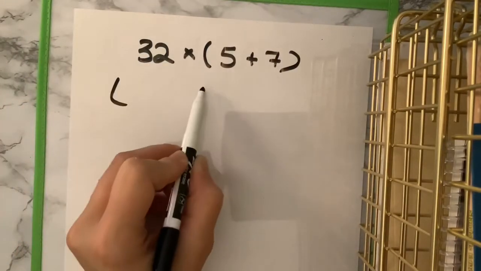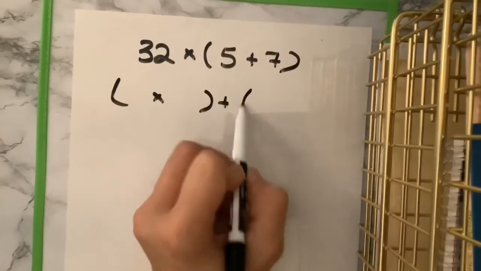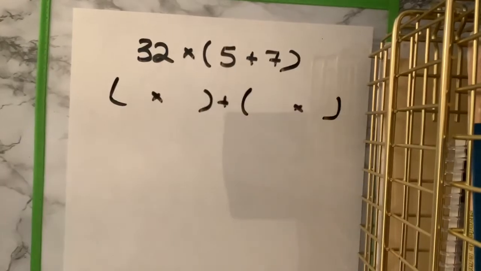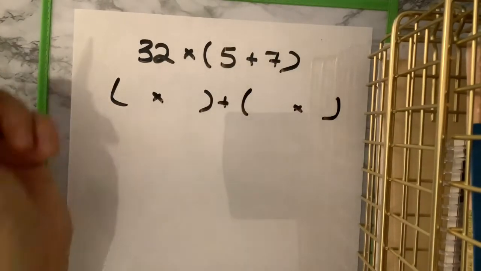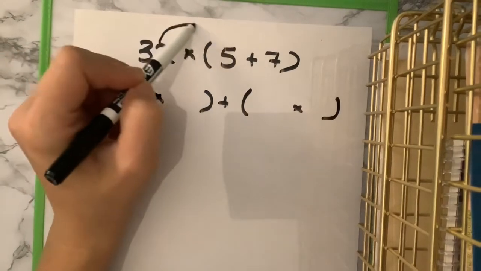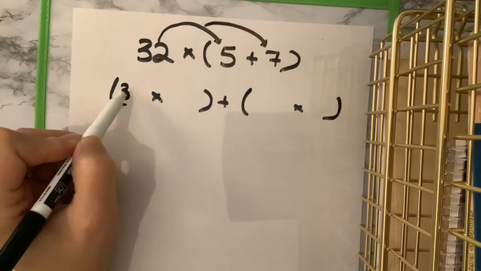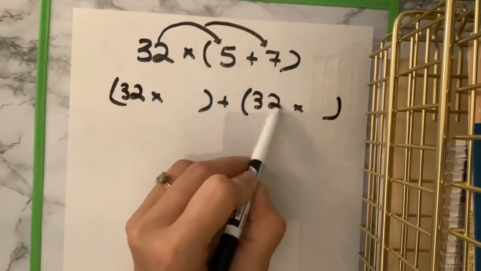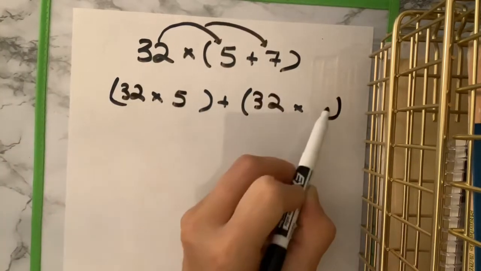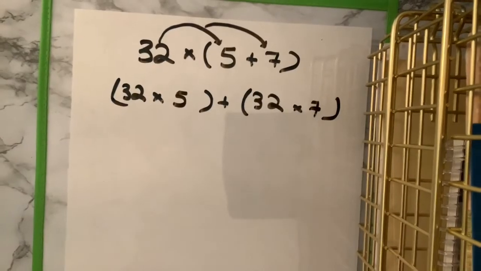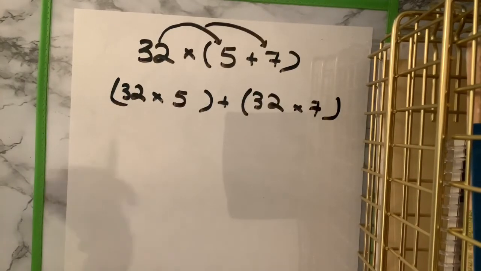So remember, your answer is going to have multiplication in the parentheses and addition between it. So 32 goes in each, and we have our 5 and our 7, okay?